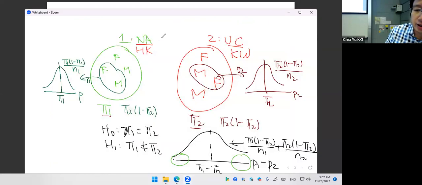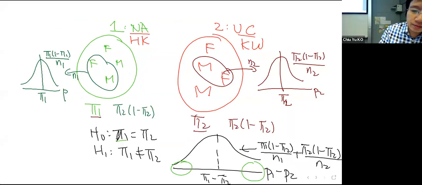The only complication is that if under the null they're the same, that means this pi is the same, and we can easily estimate pi. Why? Imagine pi 1 is the proportion of men or women in New Asia College, and pi 2 is the proportion of men and women in United College.